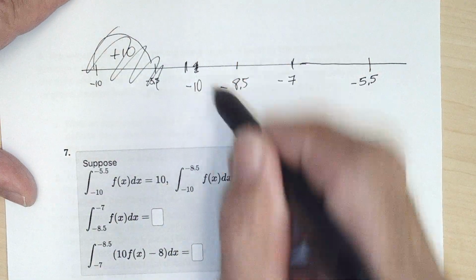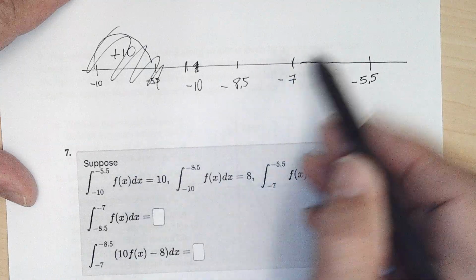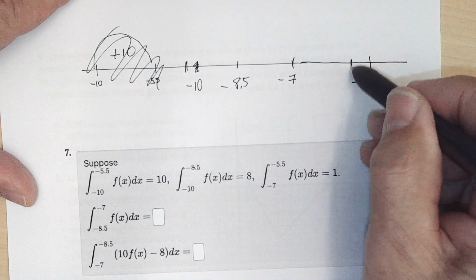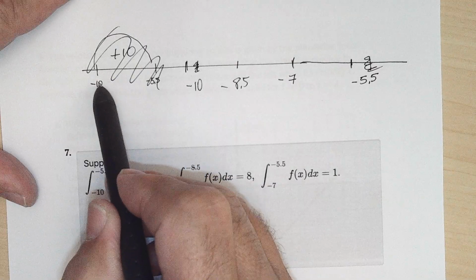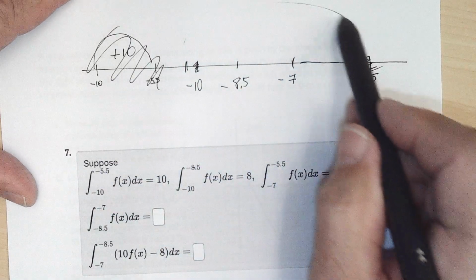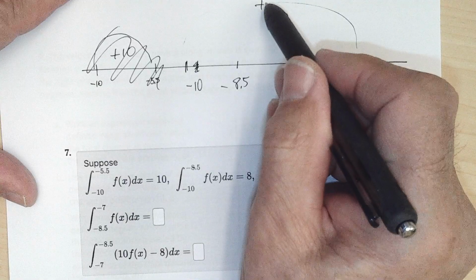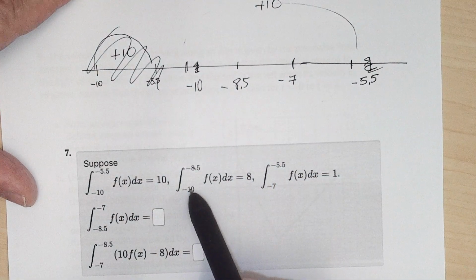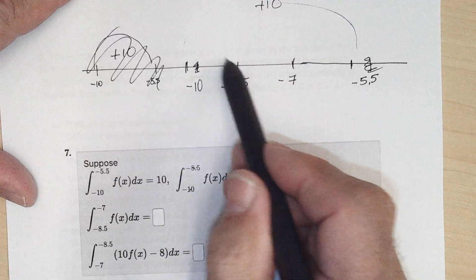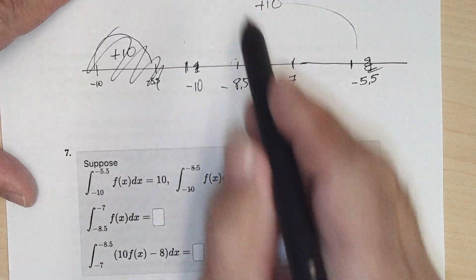Let's move the 10 over to there. That should be the same as that, same as that. And this should be about there. But in any case, the overall area is plus 10. The area from minus 10 to minus 8.5, just on this interval, is 8.